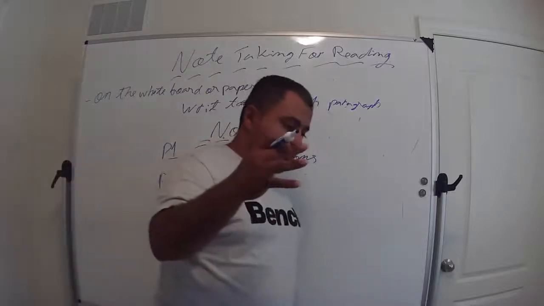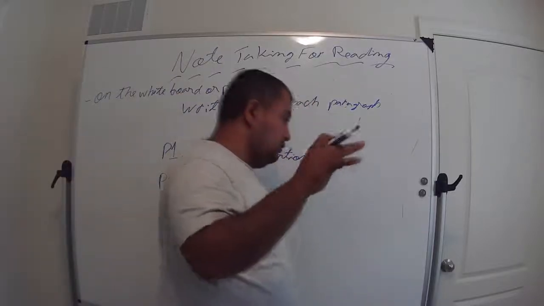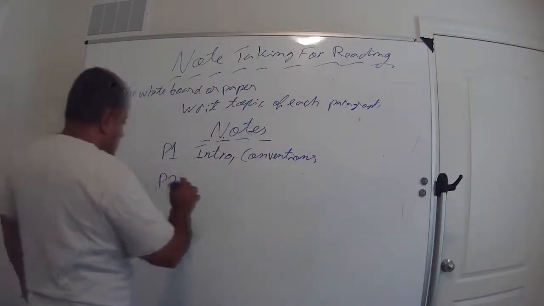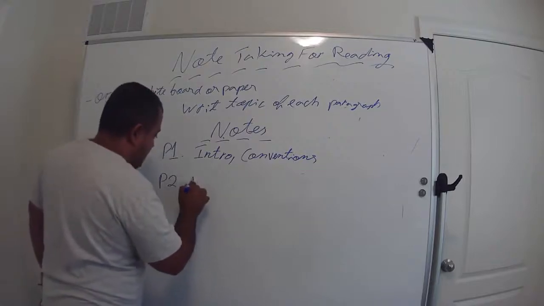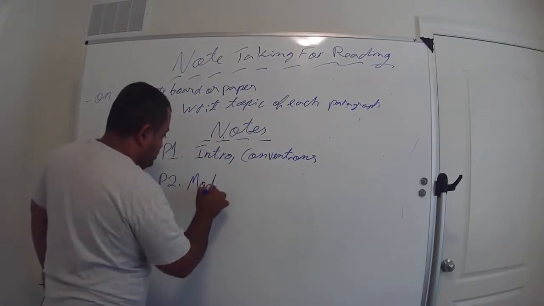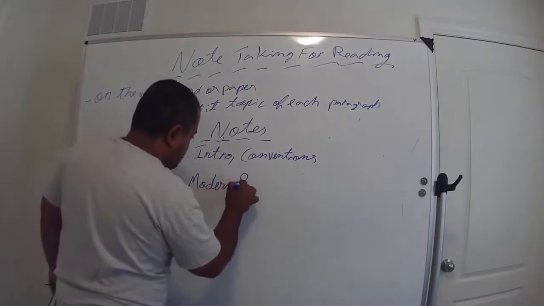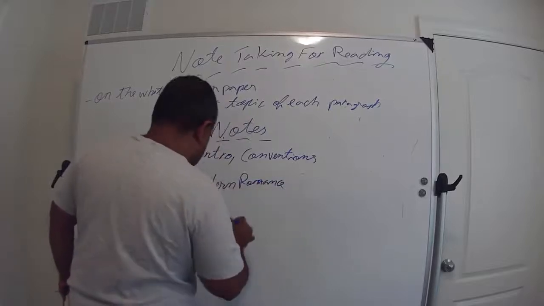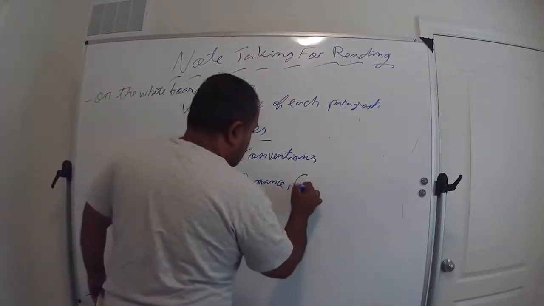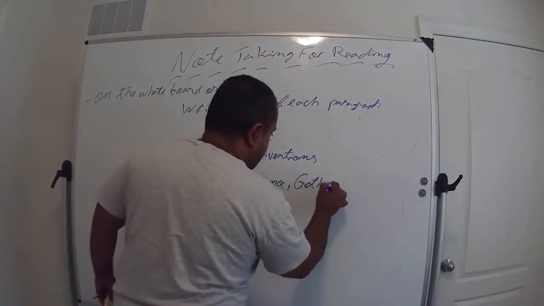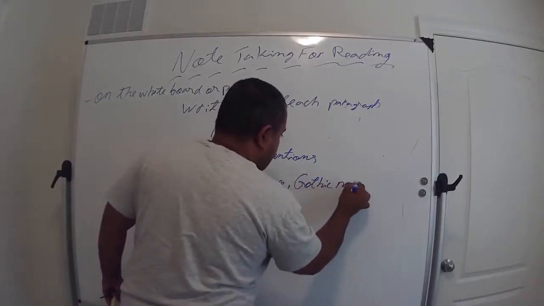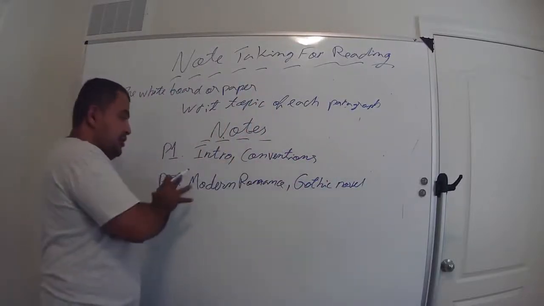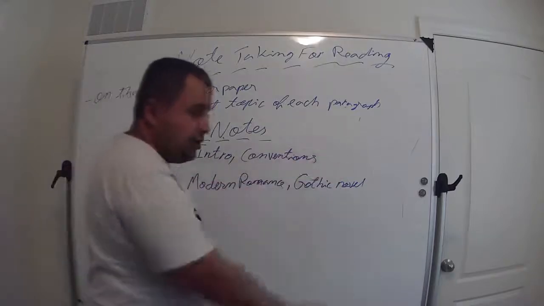Let's say, as an example from one of the readings that I learned in the online CAEL class, the second paragraph would talk about modern romance. It will also talk about Gothic novel. So now I know that the first paragraph is talking about the intro or conventions, and the second paragraph is talking about modern romance and Gothic novel.